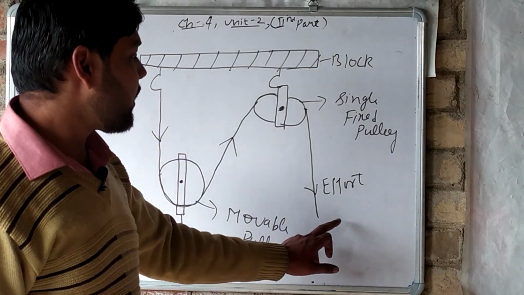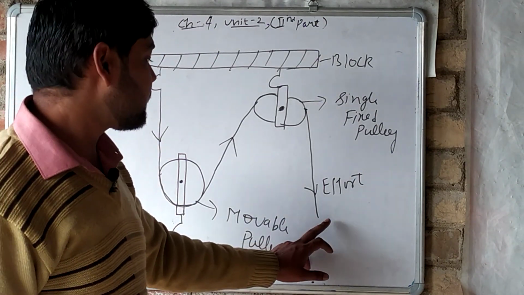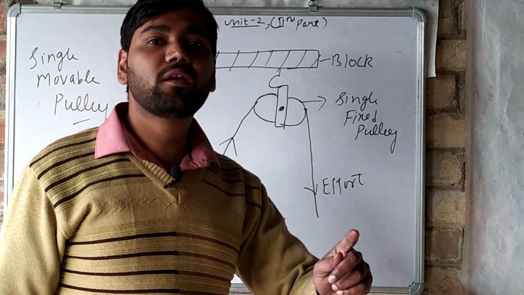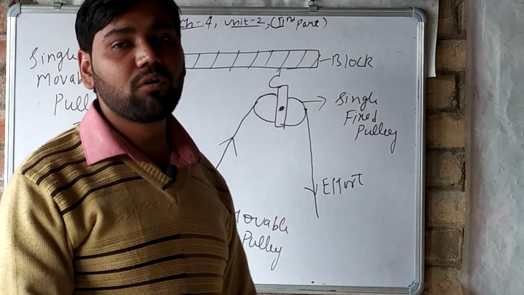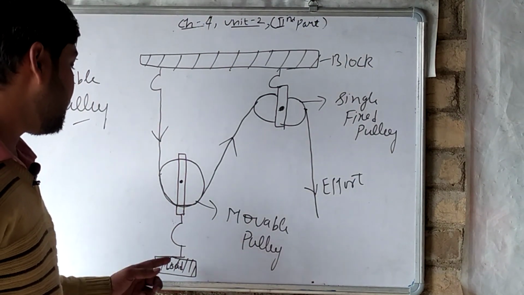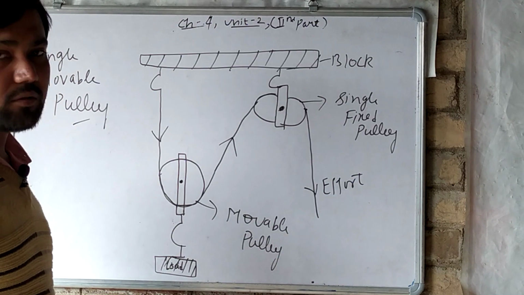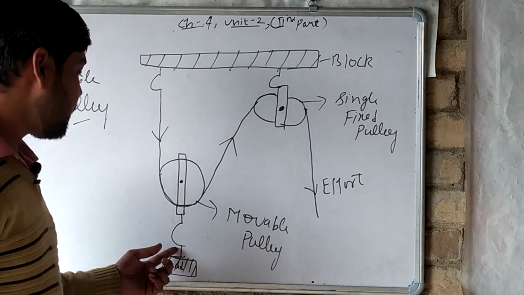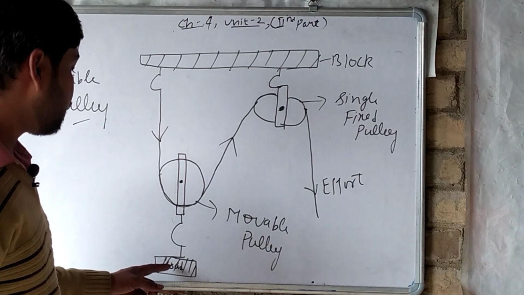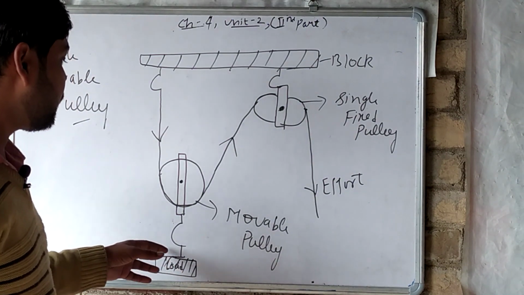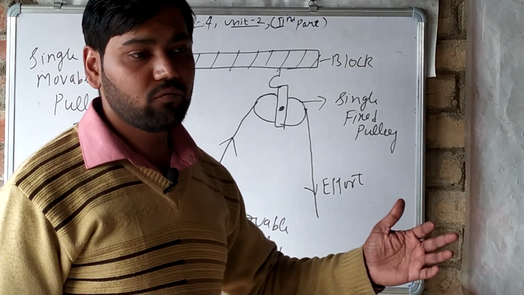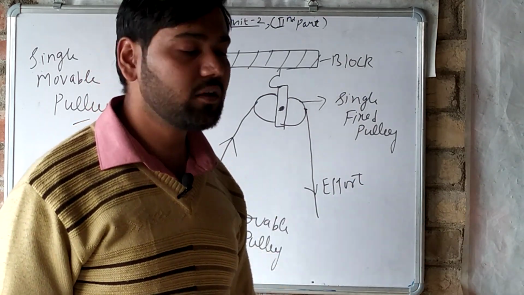Suppose a man is standing here and applying effort in his convenient direction, that means the downward direction. The load is attached to the hook of the single movable pulley, and it will take heavy loads and move the load from one position to another.